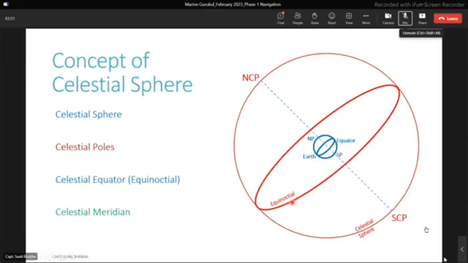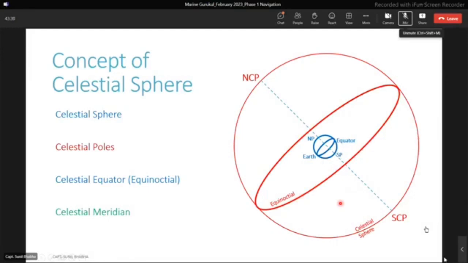Now, latitude is referenced to the equator. The latitude of a place basically tells us how much north or how much south of the equator a particular position is. Exactly in the same way we use the equinoctial. For whatever celestial body we want to specify, we first find out how much north or how much south of the equinoctial that particular body is.